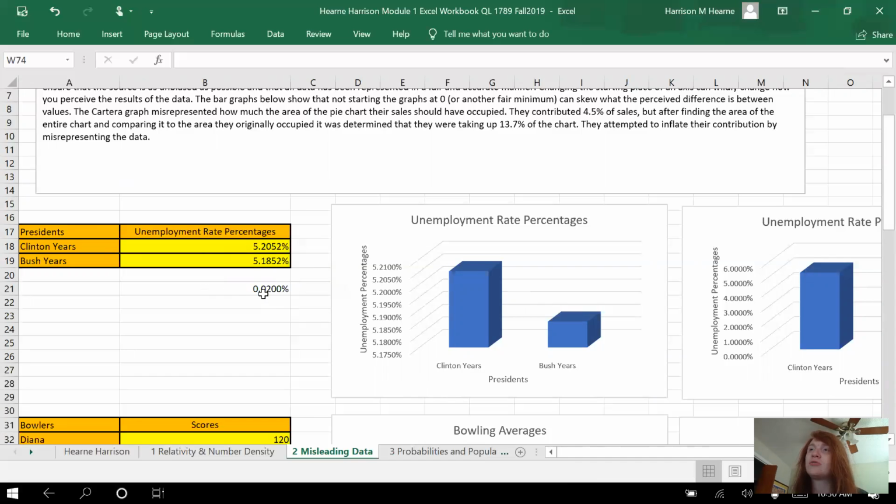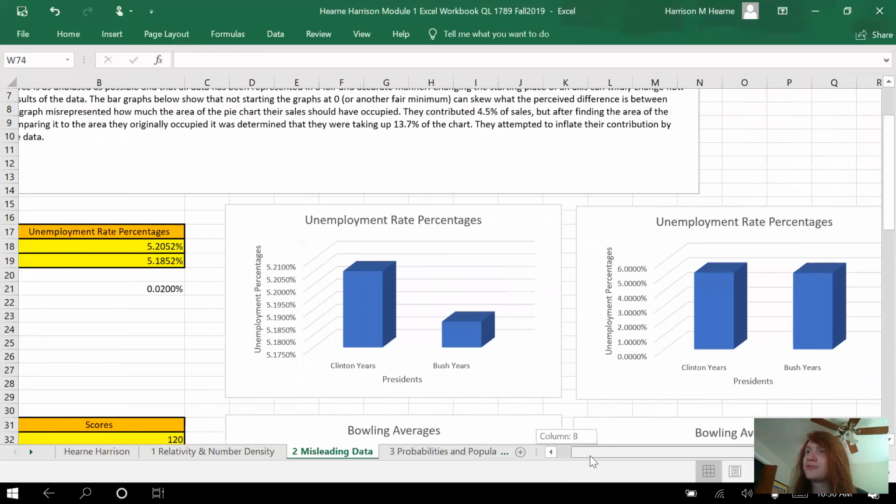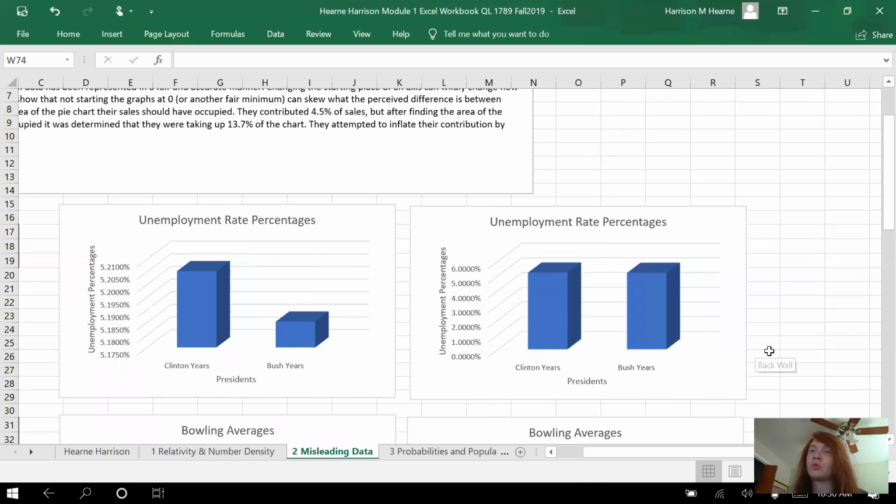There's 0.02% difference between their unemployment rates. That is tiny. But in the original graph that we were studying, the y-axis was represented in a very unfair manner, because here there looks like there's a pretty big difference between them.